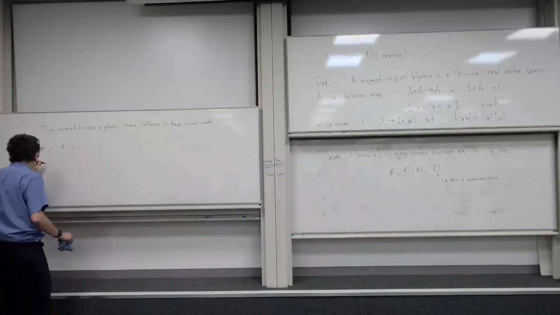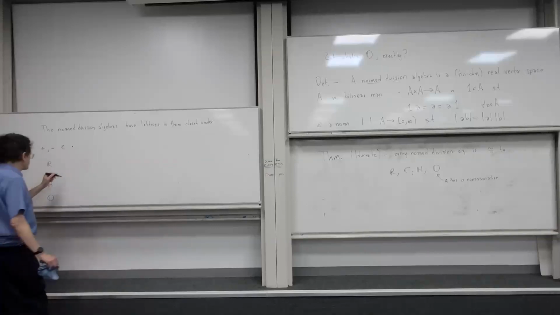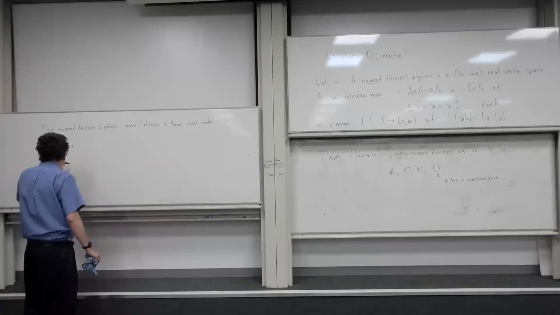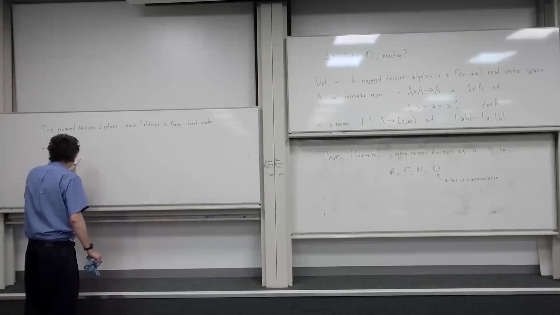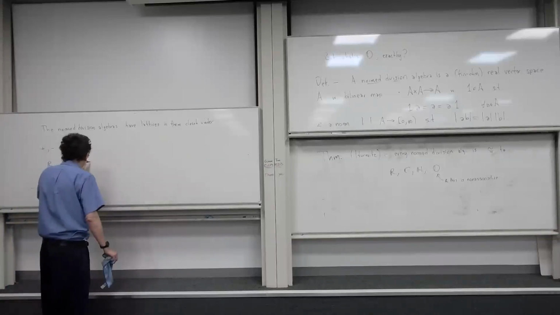And here's how they go. Some of them I've already talked about, actually. So R has, of course, in it the integers. That's the unique lattice that's a subring of the reals.